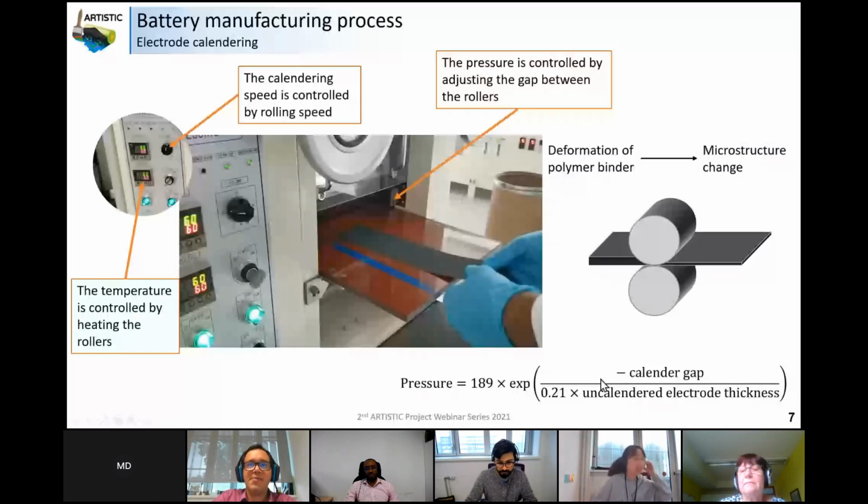Can you hear us, Jiahui? Yes. Okay, I think you have a project mate helping you. Basically, the question is: do you think that, for example, the roll temperature and the roll speed will also influence the properties of the electrode upon calendaring? I think the rolling speed will impact the calendaring process.